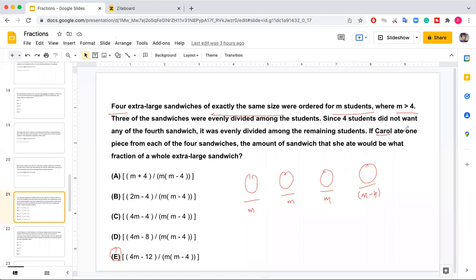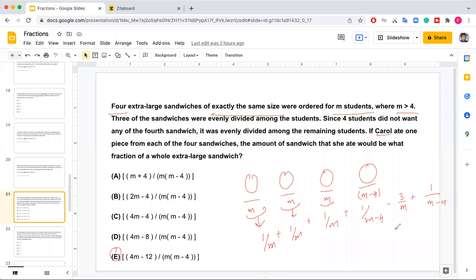So if some person ate one piece from all of the sandwiches, what will be one piece from one sandwich? That is 1 over m. One piece from this is 1 over m, one from this is 1 over m, and one from this will be 1 over m minus 4, right? So this will be 3 by m plus 1 over m minus 4.